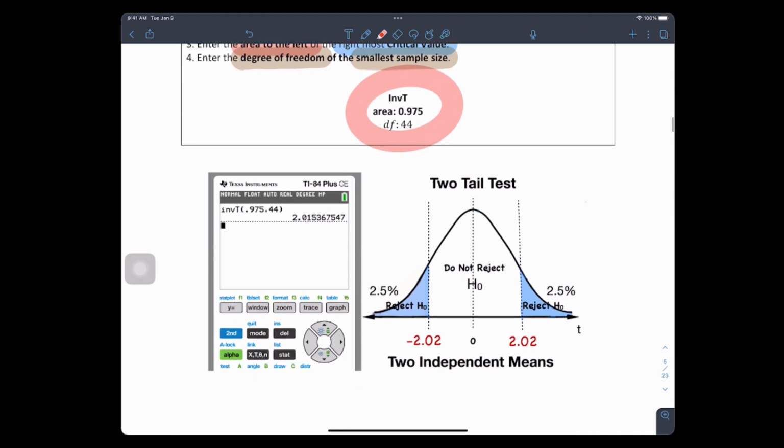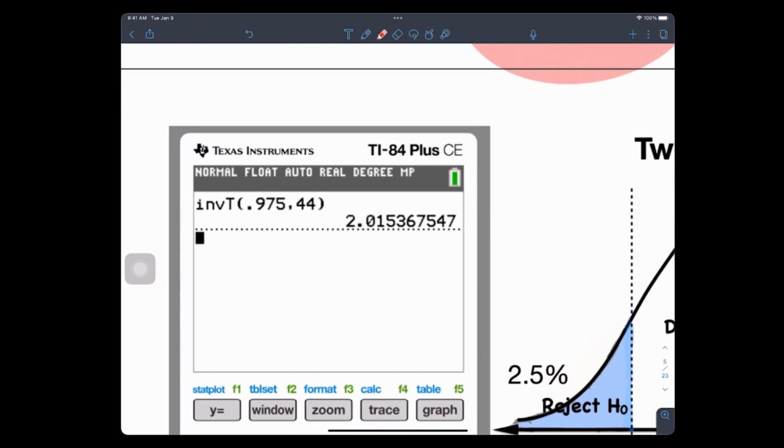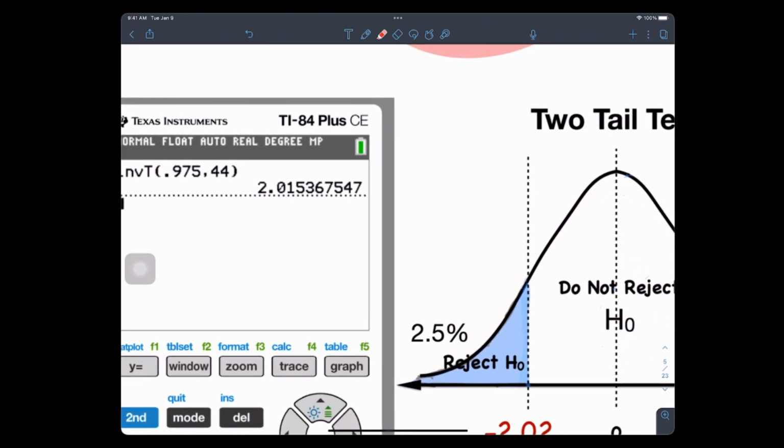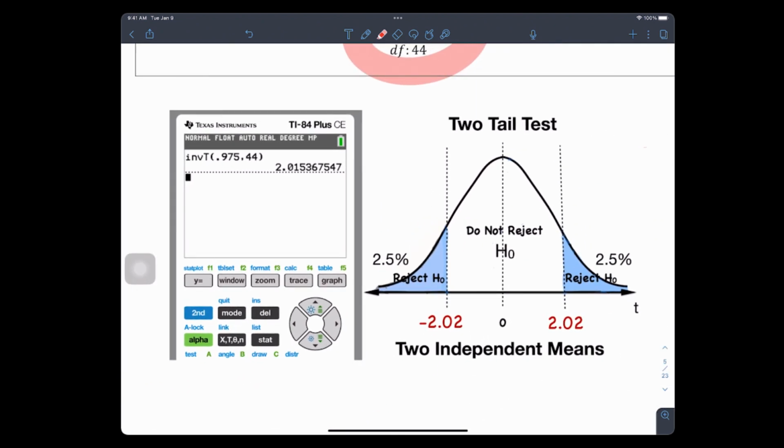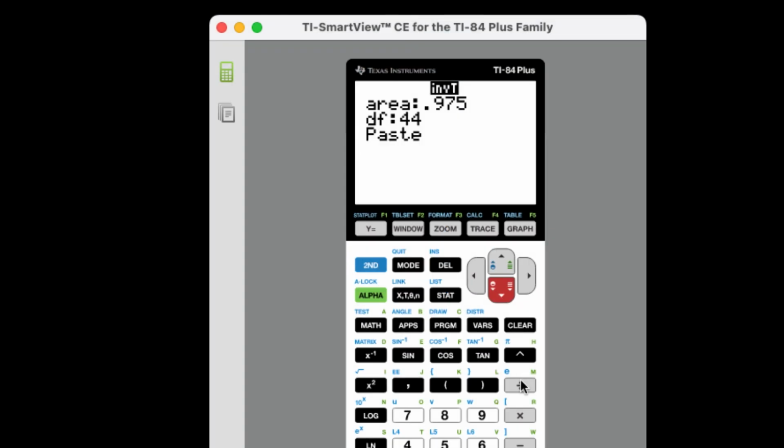So what I did here is I entered that in there for you guys. Critical value is 2.02 to the nearest hundredths. We're going to do it together. So it looks like, Hannah, that's really what's in the old. See, that's a newer picture. 0.975, and this degree of freedom is 44.